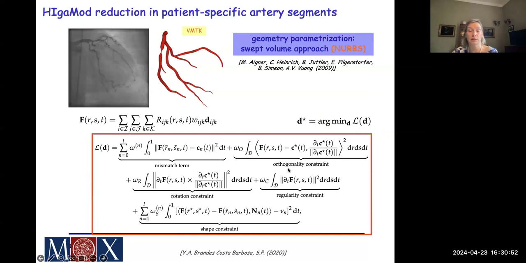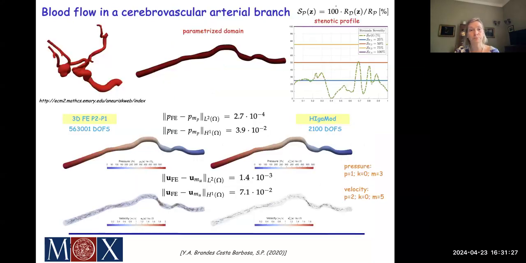We are essentially controlling the orthogonality of a transverse section with respect to the center line. We have a rotation constraint so that no torsion around the center line is in theory allowed. We have a constraint on the regularity in order to avoid possible oscillatory trends of the whole geometry. And finally, we have a constraint on the shape to minimize shape variation across the sweeping process.